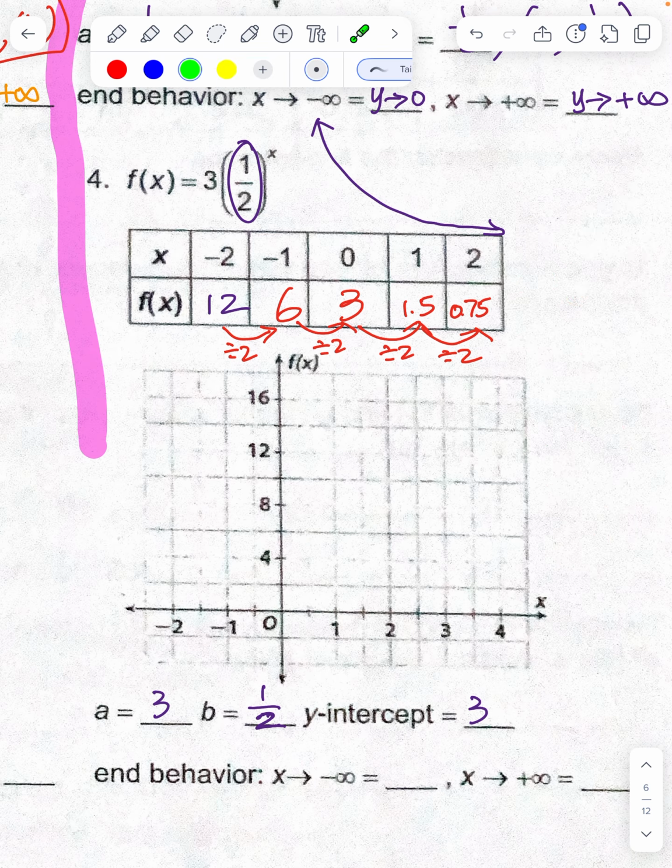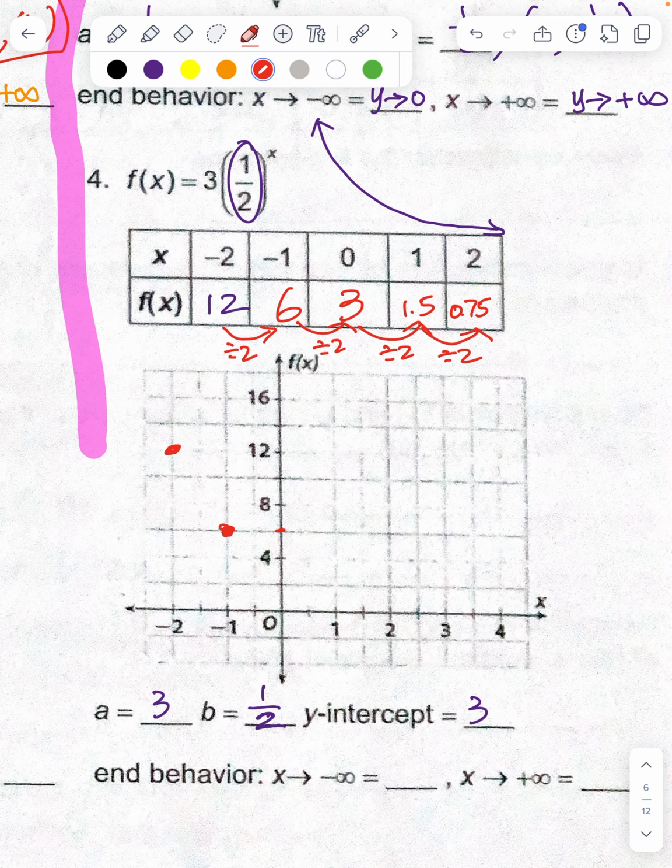Okay, let's plot all the points on the graph. x equal to -2, y equal to 12. The x value -2 right here, the y value 12 right here. So this is the first point. Second point, x equal to -1, y equal to 6, right here.